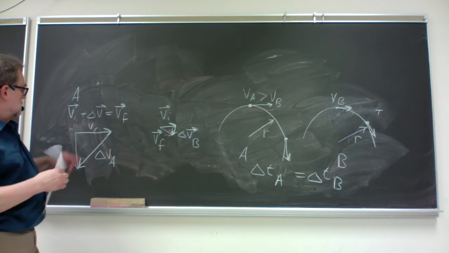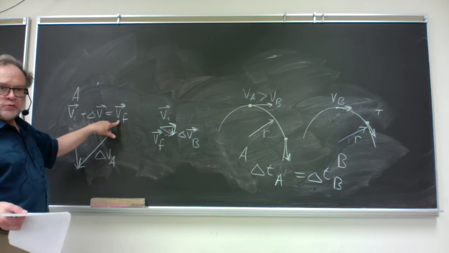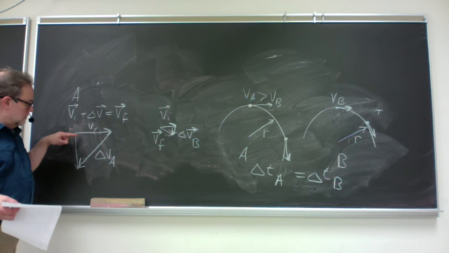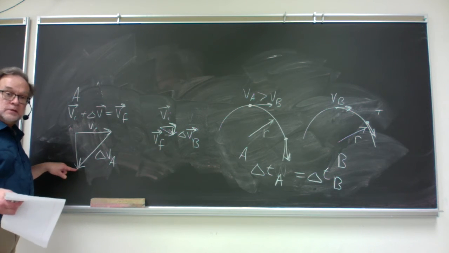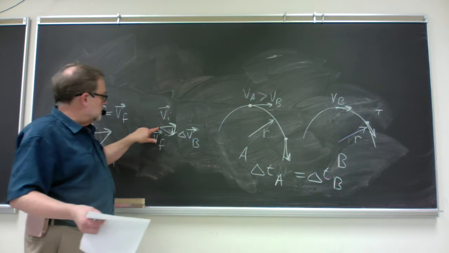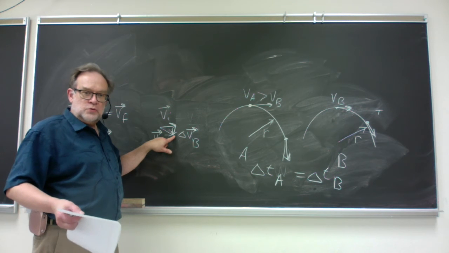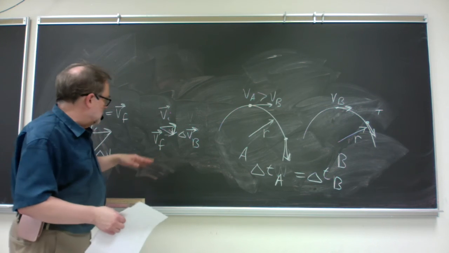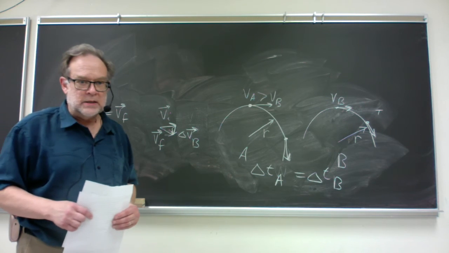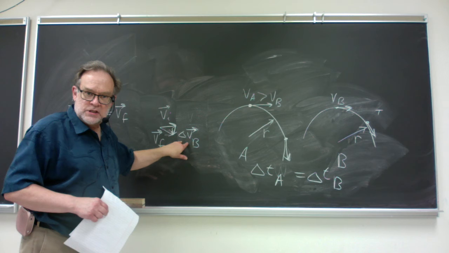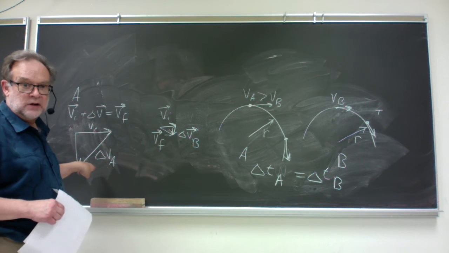And then the sum of those two things is the final V, and you'll always represent the sum arrow as starting at the beginning of the path and going straight to where the path ends up. But now look, this is a very short arrow, this is a very long arrow, meaning that the magnitude of this velocity change is a whole lot less than the magnitude of this velocity change.